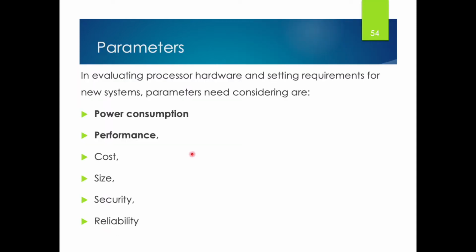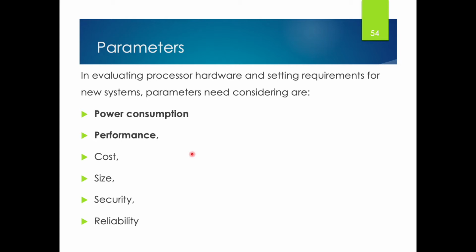At first, talking about the parameters to evaluate processor hardware. For example, when a chip maker designs a new chip or new processor, they must put it into evaluation in terms of the power consumption, the performance, the cost, the size, security, and reliability of the new chip or processor.